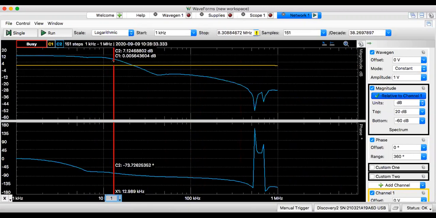If you remember last class, oh, it's a different class. At negative 3 dB, that will be the bandwidth. So my frequency is 12.989K. Well, we just say 13K. So this is the bandwidth of my amplifier.